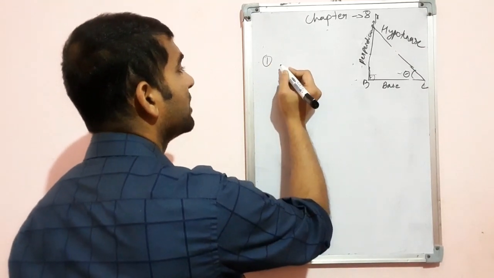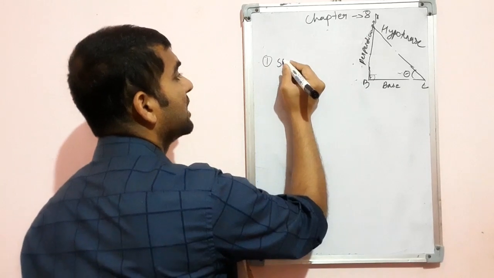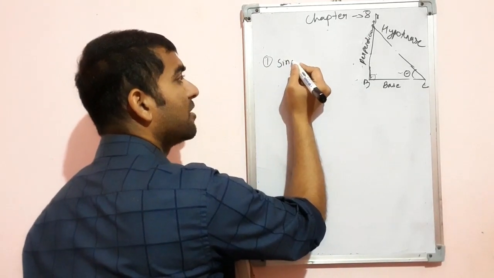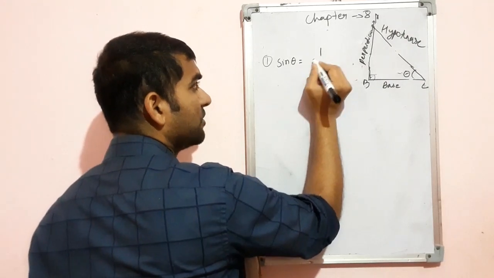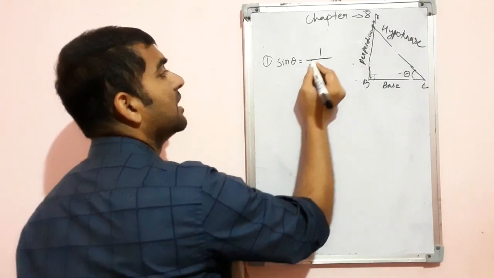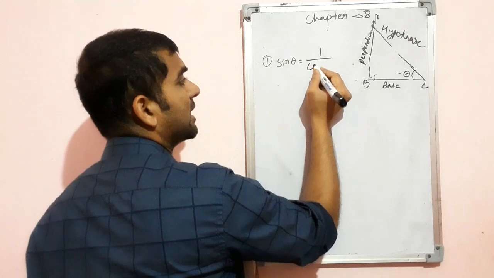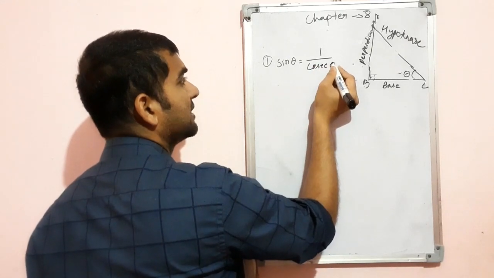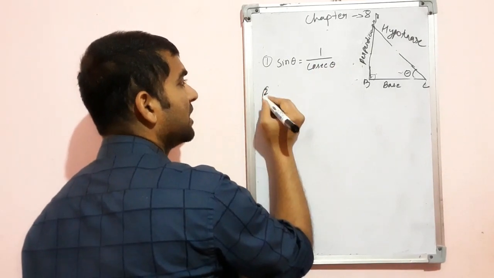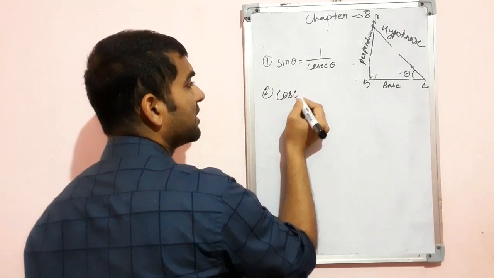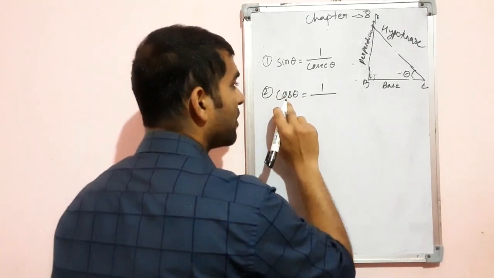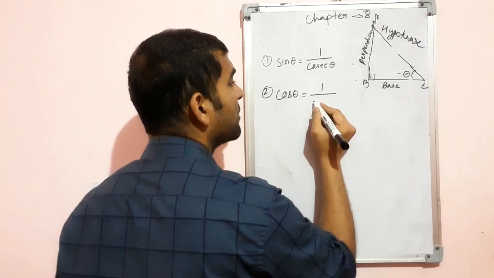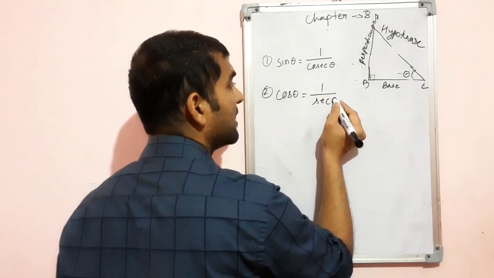First one, you will write sin. Sin, you know, will be the reciprocal of what? It will be 1 by cosec theta. Next, cos theta will be 1 by sec theta.